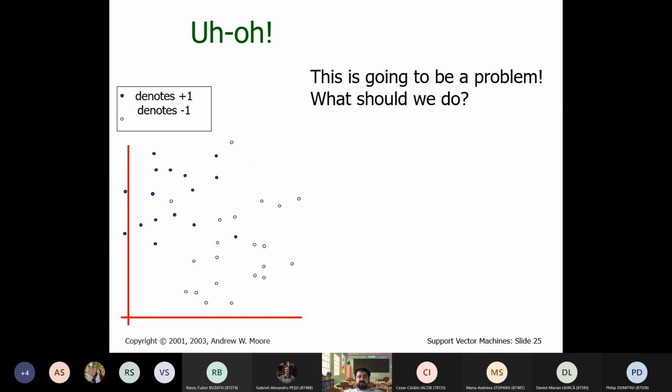So first, let's see how we can redefine the problem so that we deal with these errors that we have. How can we define the loss to also consider these points that are not correctly classified? What should be minimized?